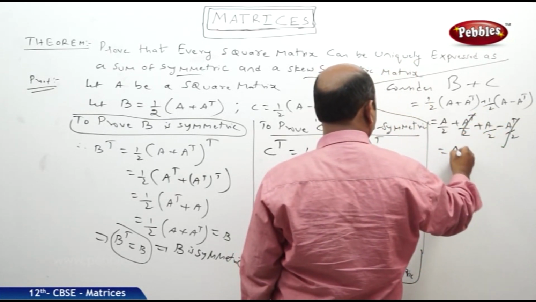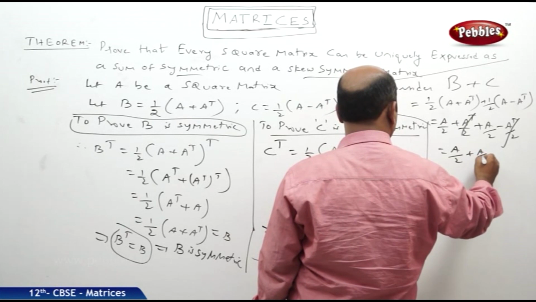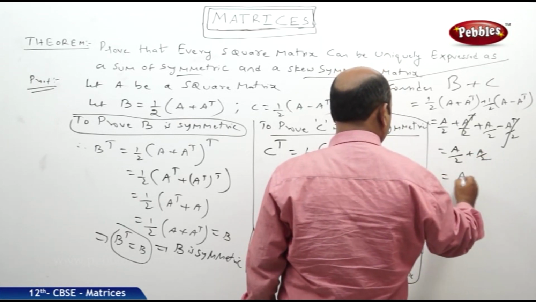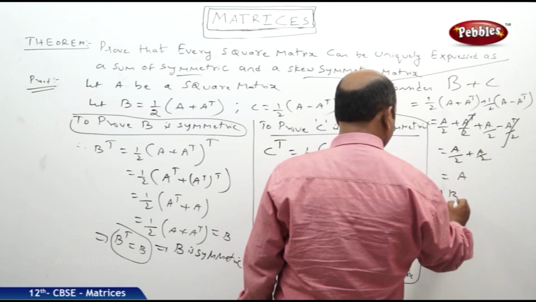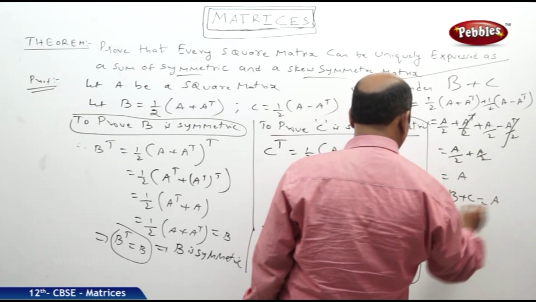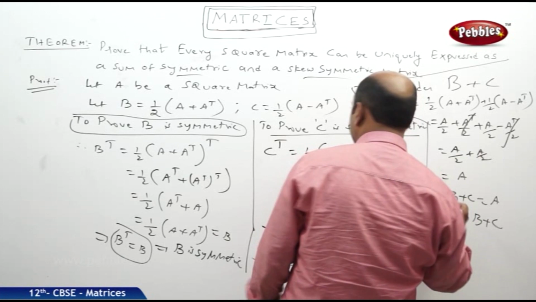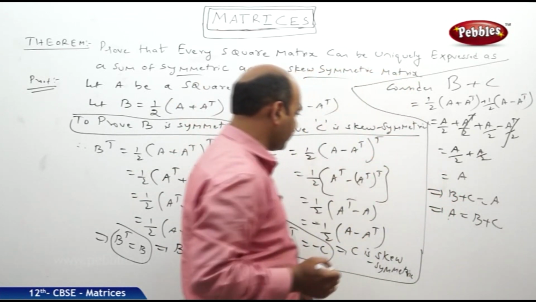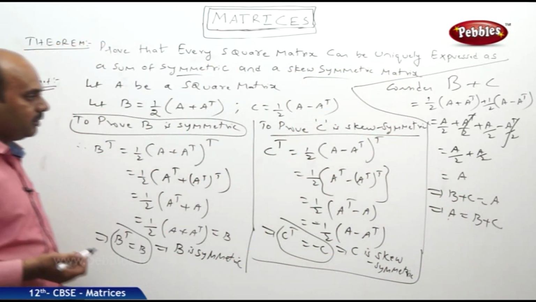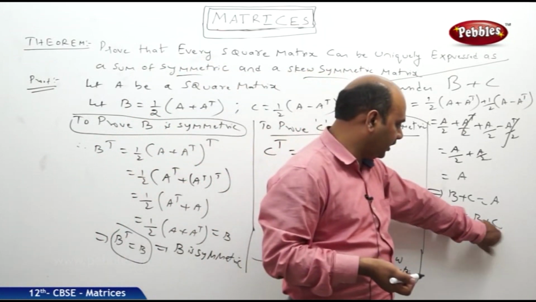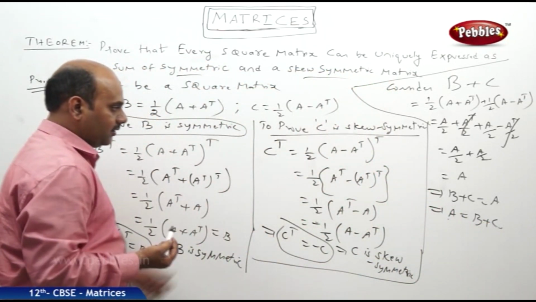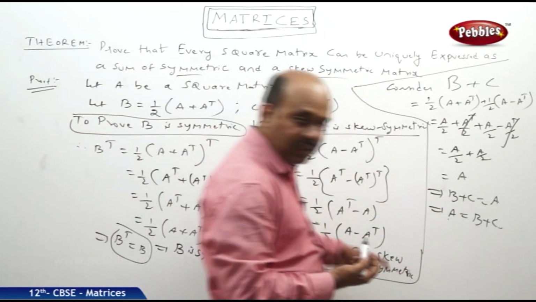Both will get cancelled. So A by 2 plus A by 2, so that is A. That implies B plus C is equal to A. A is our square matrix, B is our symmetric matrix, C is skew symmetric matrix. That means capital A is equal to B plus C.